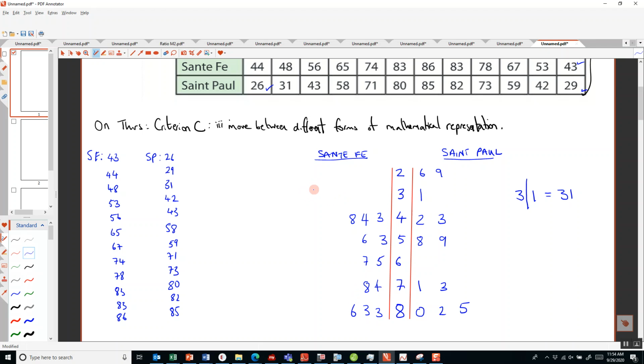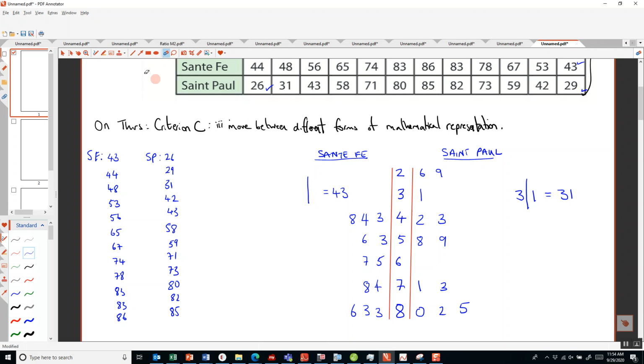So the key for Santa Fe, I think Brighton, you said if you had a 4, line 3, is 43. Actually, have I done that right? Yeah, I haven't done that quite right. It should be the other way around, shouldn't it?